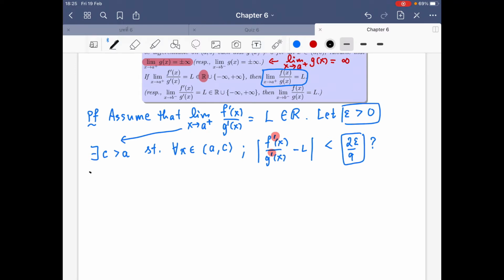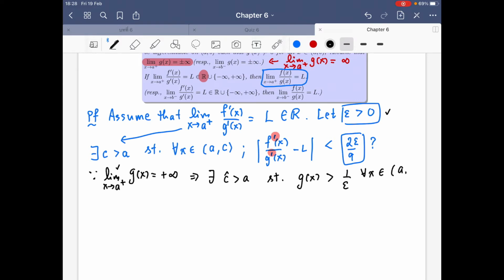However, because the limit as x goes to a from the right of g(x) equals positive infinity, with this epsilon you can find another c hat, greater than a, such that g(x) is greater than 1 over epsilon for every x inside this interval on the right of a.